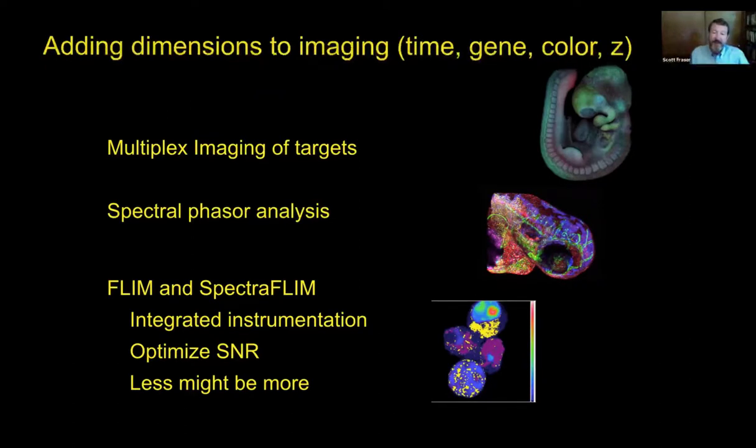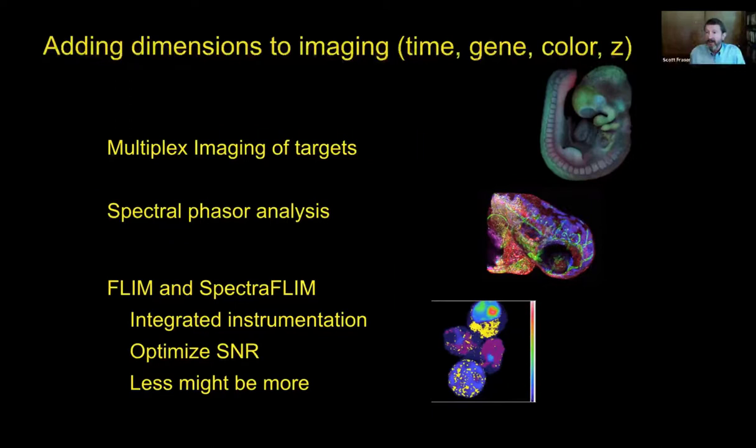And this brings up the power of jointly refining instrumentation. It's turned out to be much easier for us to support users by having integrated instrumentation that can do both the spectral data collection and the lifetime data. It allows us to jointly define what the optimal signal to noise is, like the number of channels that's really appropriate.